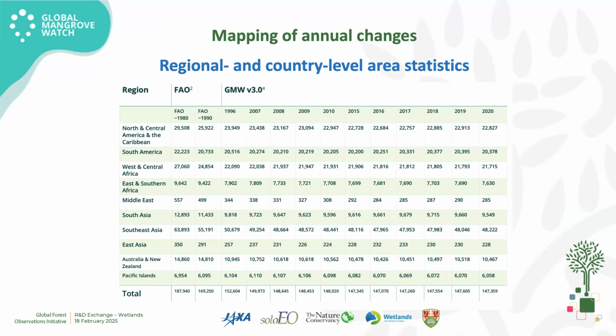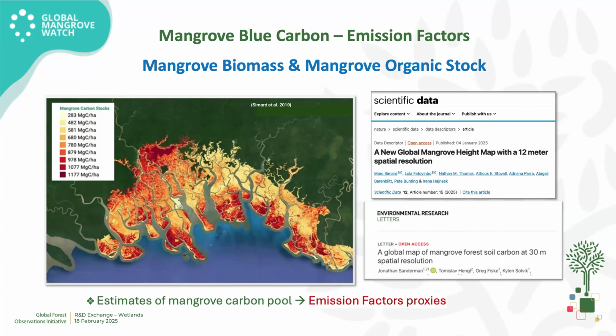What we also have is a mangrove blue carbon layer. So basically providing proxies for emission factors, because we know that the IPCC default emission factors are not developed for mangroves. So this could give you a first cut on the emission factors.